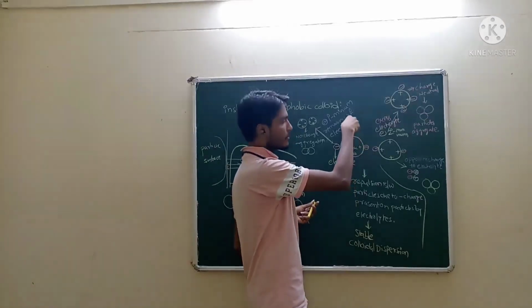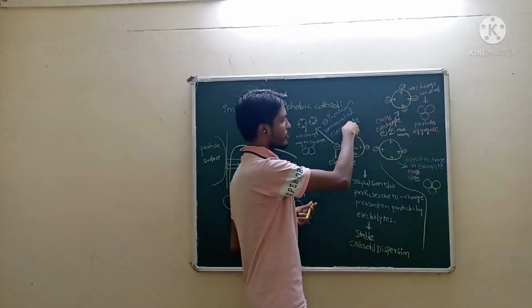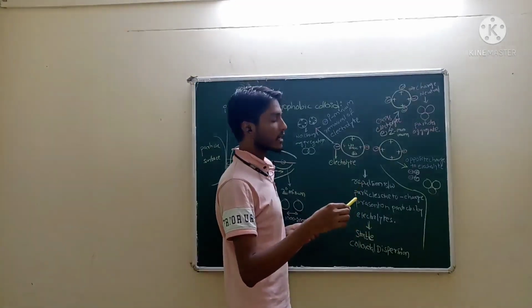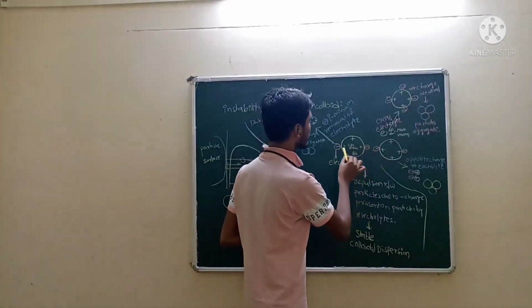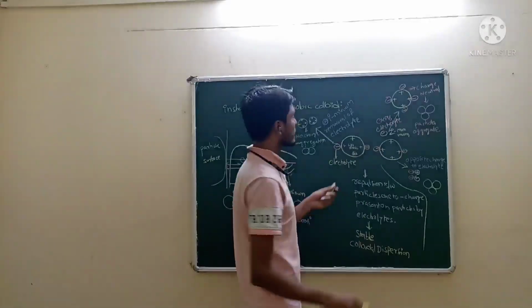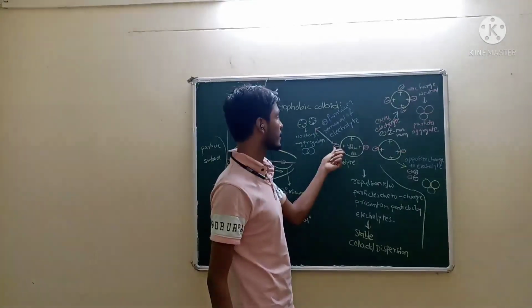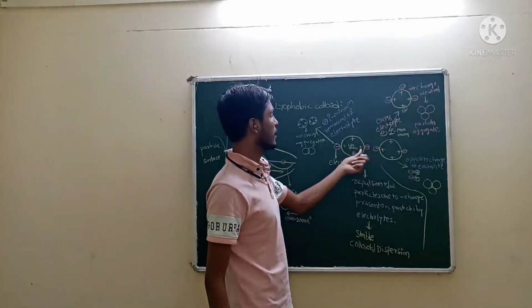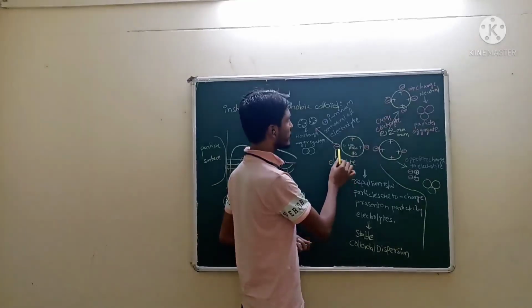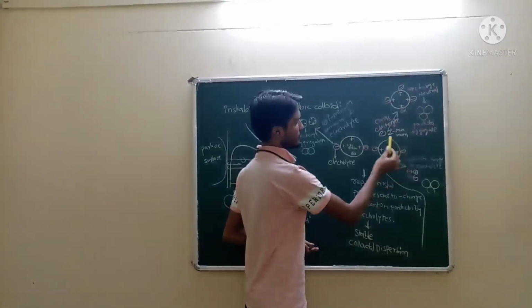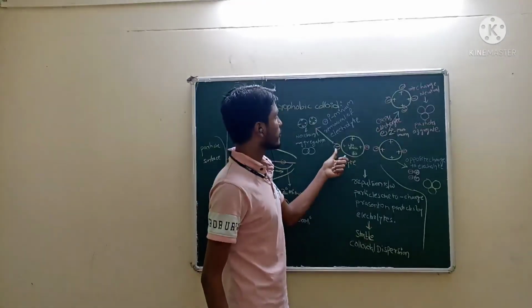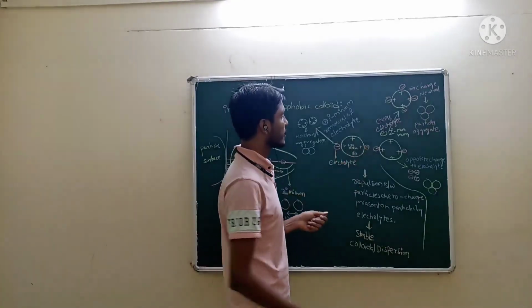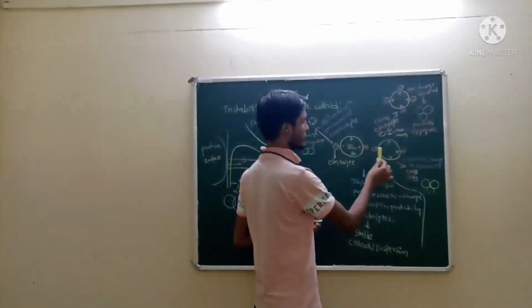Whenever you keep this lyophobic colloid with positive charge in the solvent, the electrolytes present in the solvent, like water, get adsorbed on it. So the negatively charged electrolyte gets adsorbed on these particles, and there is a repulsion between these two particles.